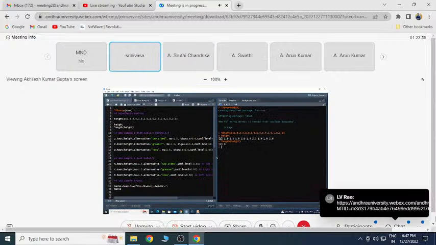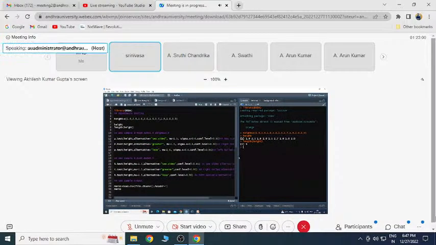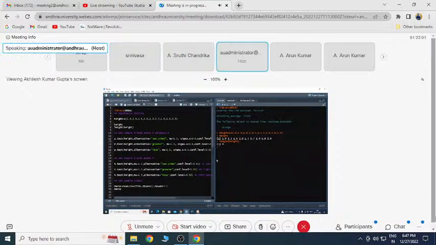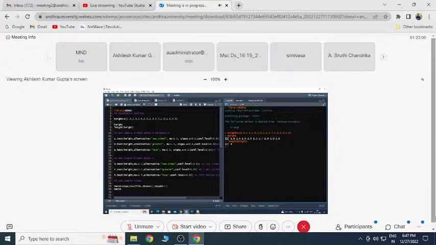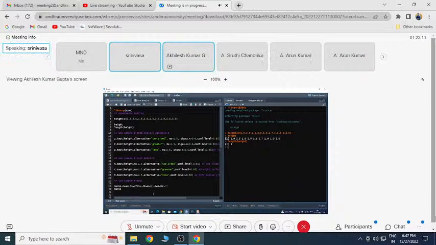Every participant can zoom on their own systems. No issue from your side, sir. You can continue, sir, because participants can zoom on their own systems, they have the option. Okay, sir, please continue.